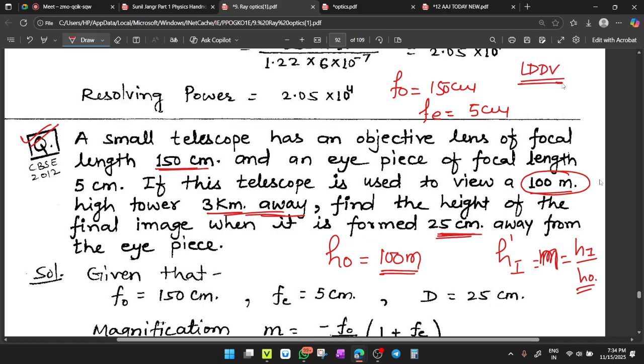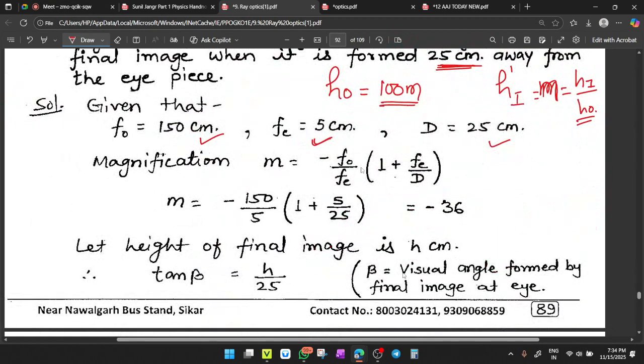Clear? Maximum magnification case is there. So first write FO, the focal length of the objective lens. The objective lens is convex, so it will be positive. FE will be positive, and D equals 25 centimeter. Apply the formula for magnification: M equals minus FO upon FE, times (1 plus FE by D). So you got minus 36. Clear or not clear?